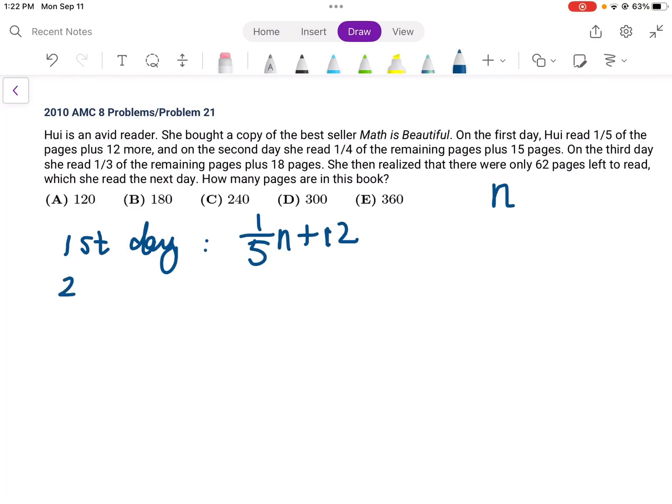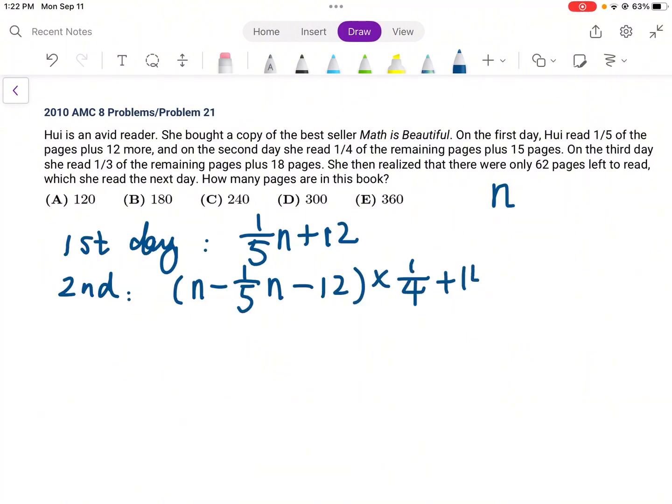And the second day, she reads 1/4 of the remaining pages plus 15 more pages, and that should be n subtract the first day. She reads (n minus (1/5 n plus 12)) multiplied by 1/4 plus 15.